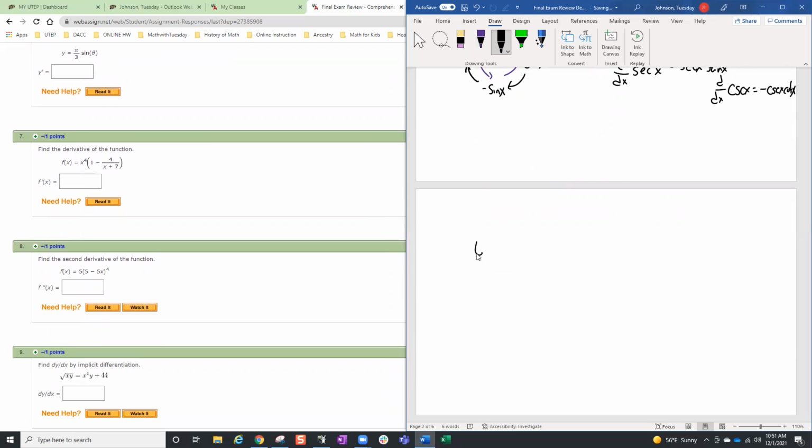So it looks like 6 through 8 is just use the rules of differentiation. And don't overthink.